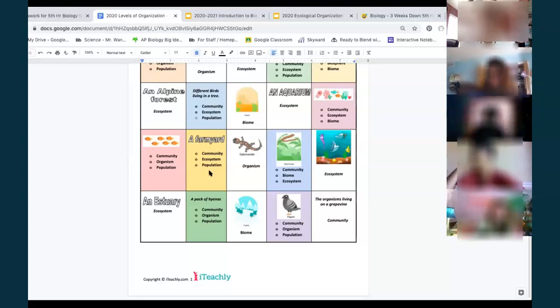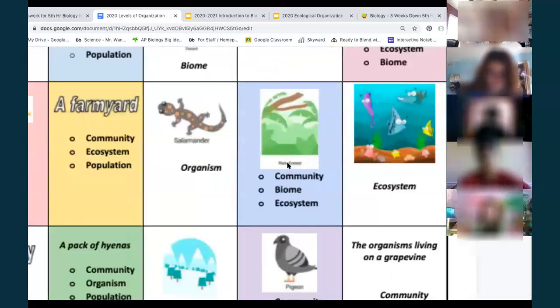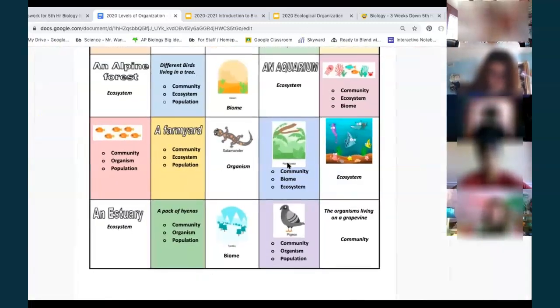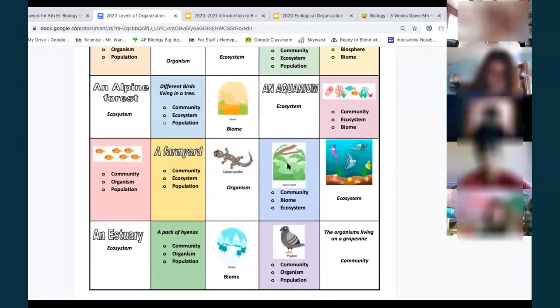I think this is going to be an ecosystem because it's not referring to the individual organisms, but I believe this would include the non-living component of the farmyard. And then I can't tell what this is. Living things. I forget what it says. Rainforest. Okay, so that's a biome. And then we did the rest of them.